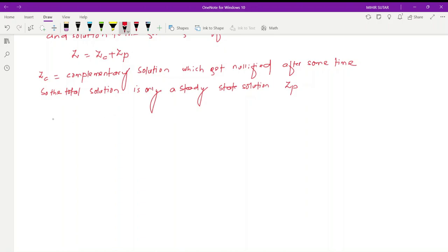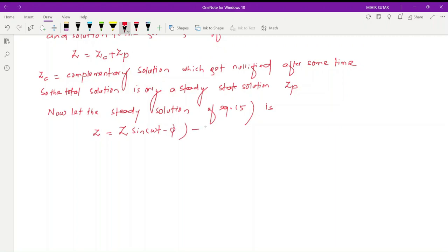Now let the steady state solution of equation 5 be small z equal to capital Z sine (omega t minus phi).